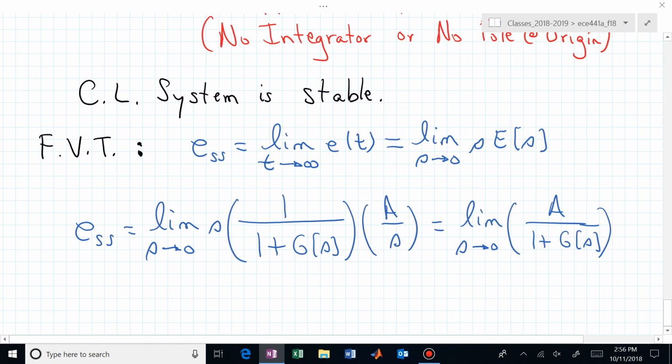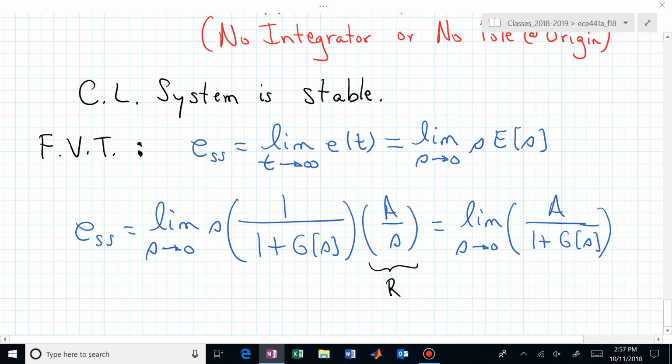The expression then, using the final value theorem, is the limit as s goes to 0 of s times E of s, but E of s is just 1 over 1 plus G times R of s, and in this case we're saying let's go ahead and let the reference input be a constant A, and so now its Laplace transform is A over s.